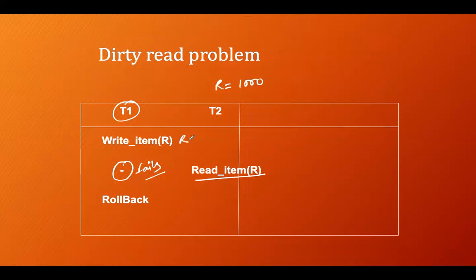After the write operation it should be 2000, so it has become 2000. But just after that, another transaction does the read operation. So what will it read? It will read 2000. And then there is a rollback. Rollback means the R value will be changed back to 1000. But the other transaction has already read 2000. That is called a dirty read. That type of problem is called the dirty read problem.